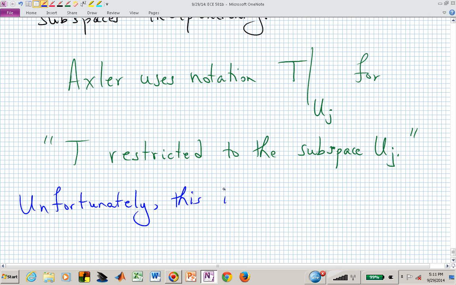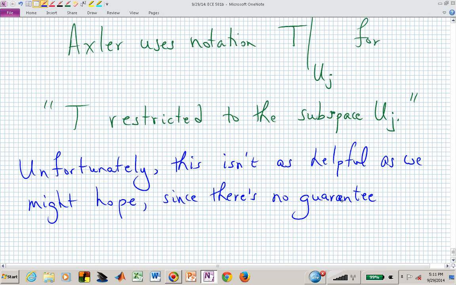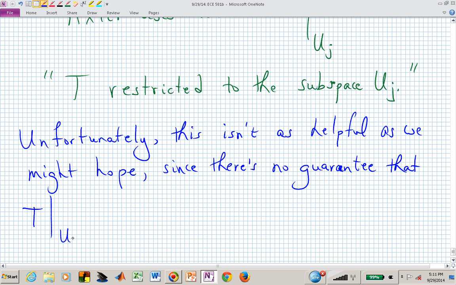Unfortunately, this isn't as helpful as we might hope, since there's no guarantee that this linear map T restricted to U sub j is an operator on that subspace U sub j.